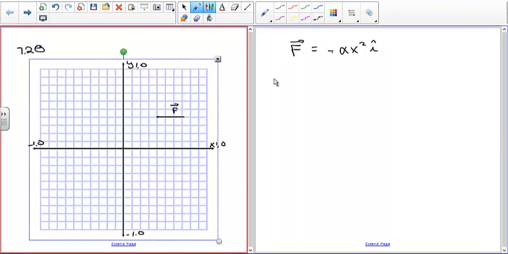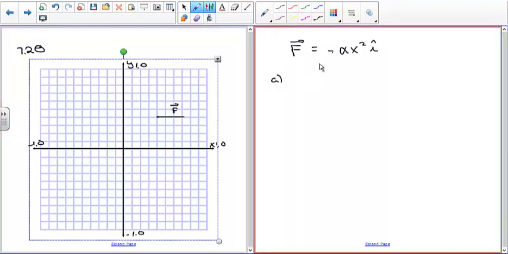Now, part A says that they want you to calculate the work going in a straight line from 0.10 meters x, 0 meters y, to 0.10 meters x and 0.40 meters j.